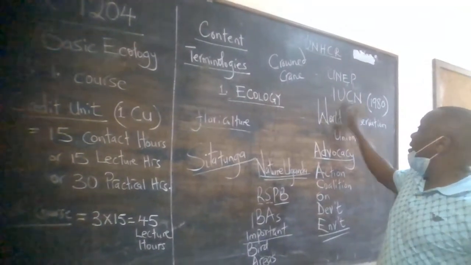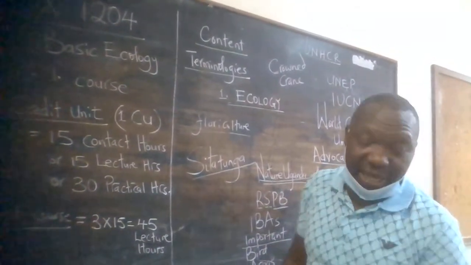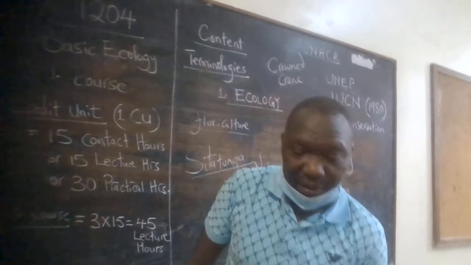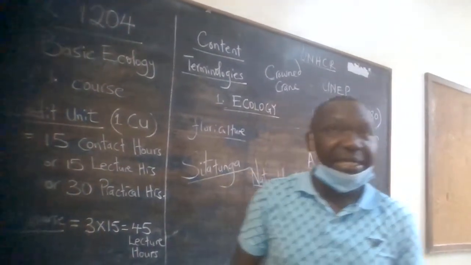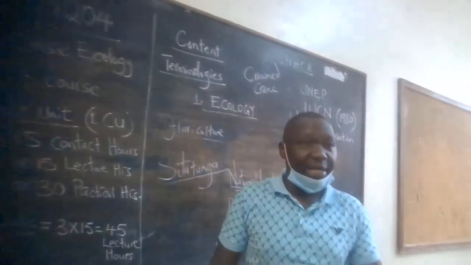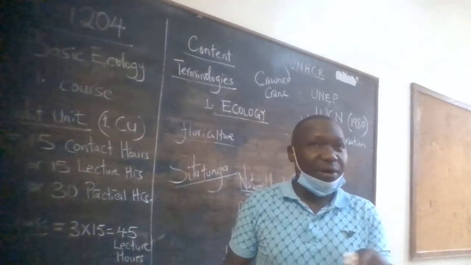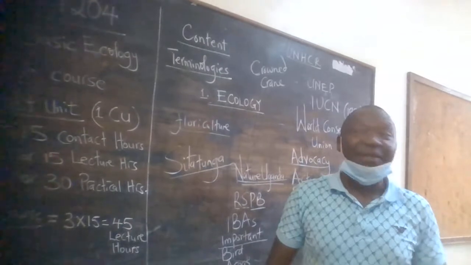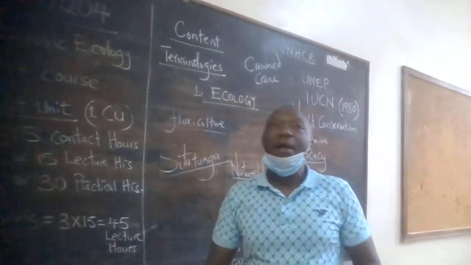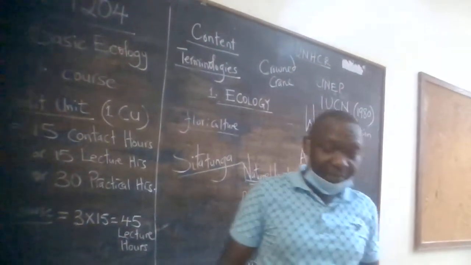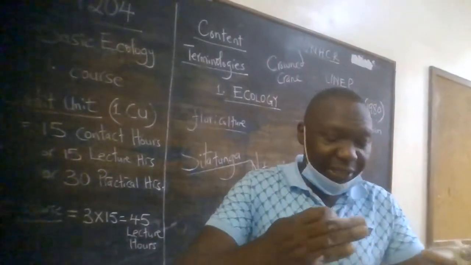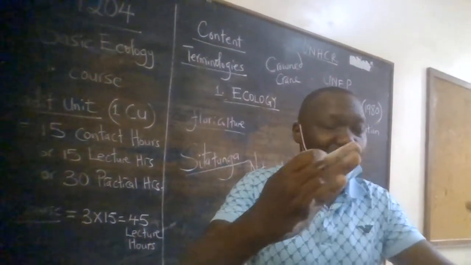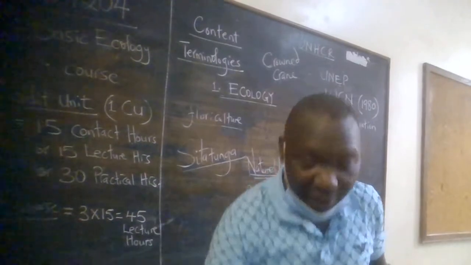These organizations like IUCN also publish what we call red lists, or red species lists. They are called the conservation status or conservation categories.